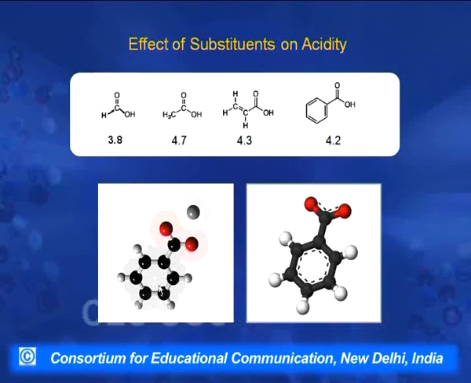So the net result is that there is some electron shift from the ring towards the carboxylate anion, hence making it a weaker acid than formic acid, but definitely a stronger acid than acetic acid. And similarly, the pi electrons of this pi bond can also take part in conjugation, and hence they also release some electrons towards the carboxylate anion.